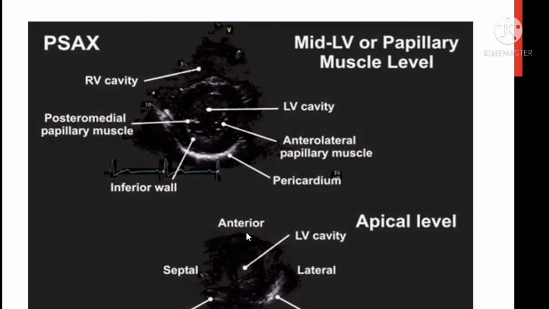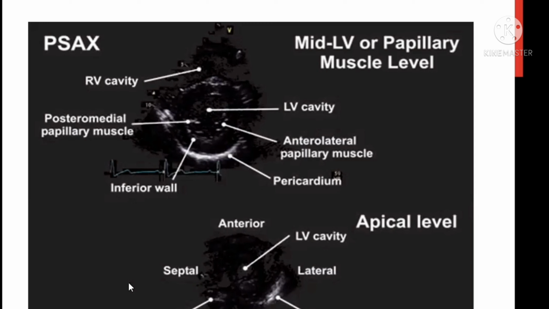But in the others, you will see all of them. ALPIS. Okay. That means anterior, lateral, posterior, inferior, septal.